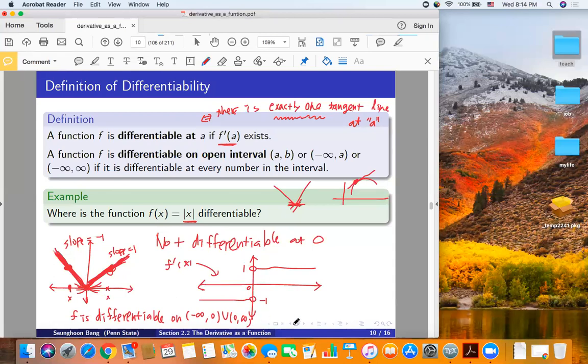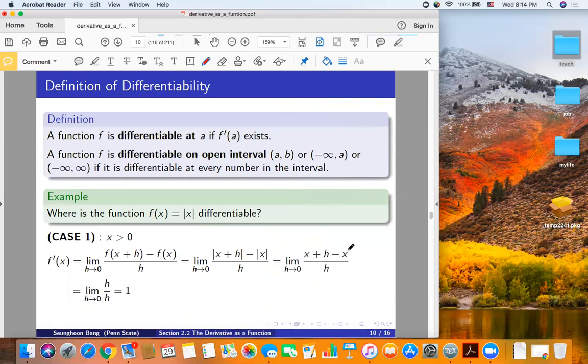This is the idea. So we have one good result from this function. We have a corner. Not differentiable at a corner.